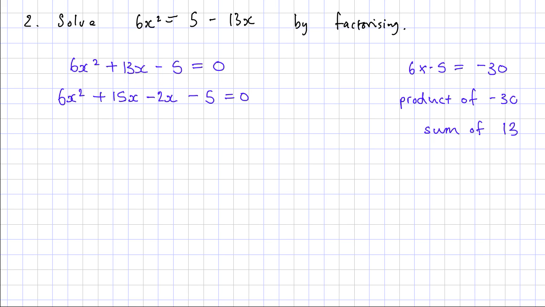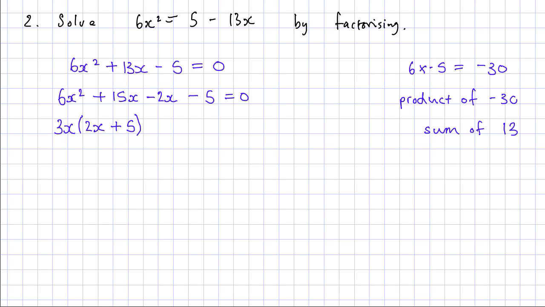So I now need to factorise these two terms and then these two terms separately. So I'll do that now. So the highest common factor of 6x squared plus 15x is 3x. So let's factorise 3x, and I'll have left 2x plus 5.